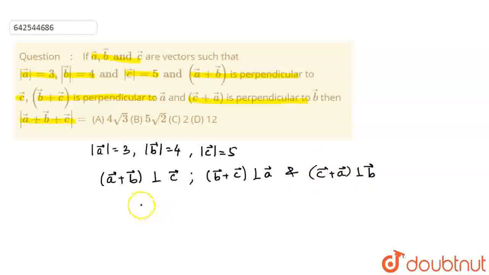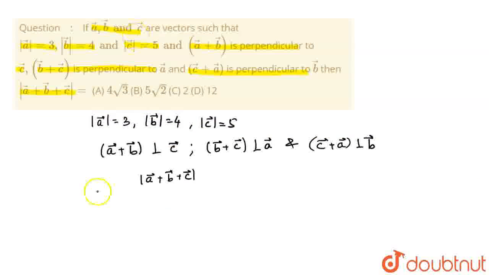So we have to find the magnitude of A plus B plus C. This is the proper question. So now each of A, B, C is perpendicular to the sum of the other two.